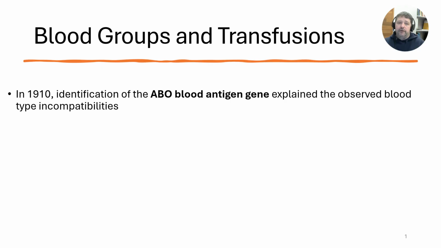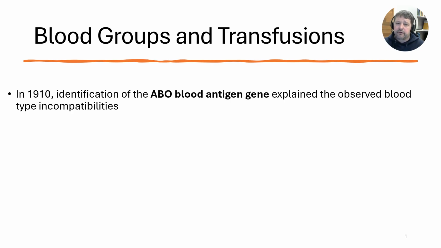So first off, in roughly 1910, although his work started in the early 1900s, Carl Landsteiner discovered the ABO blood system and the Rh group that's associated with it later on, and he won the Nobel Prize for that.